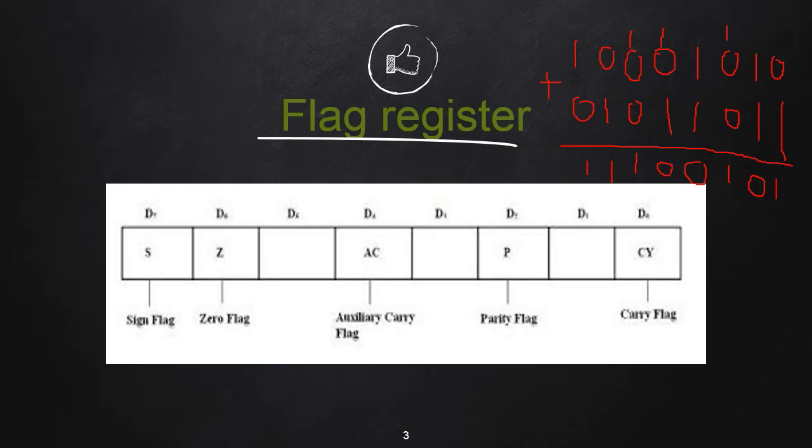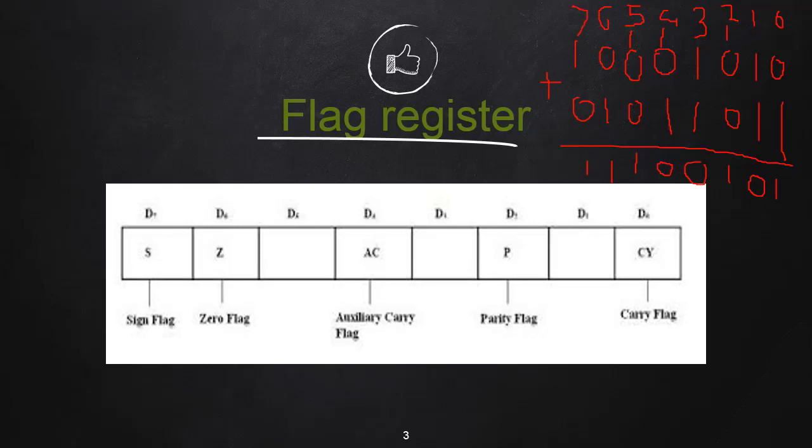This is the 0th bit, first bit, second bit, third bit, fourth bit, fifth bit, sixth and seventh bit.